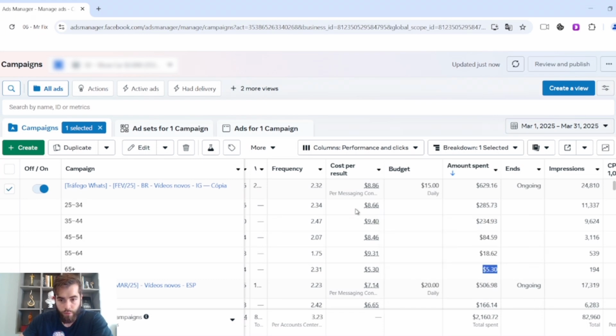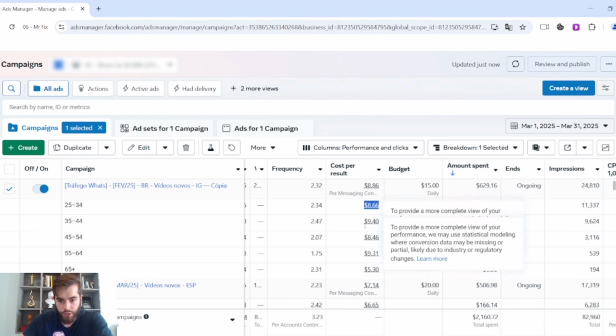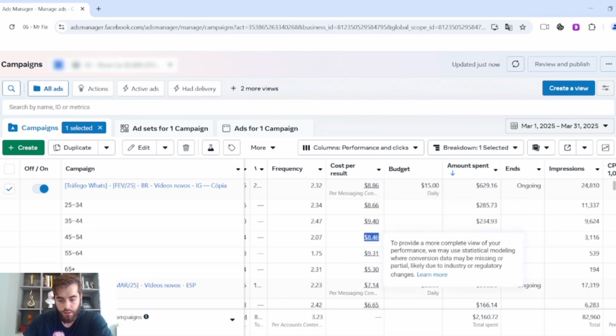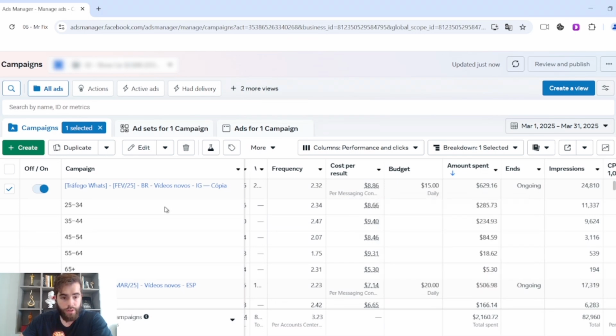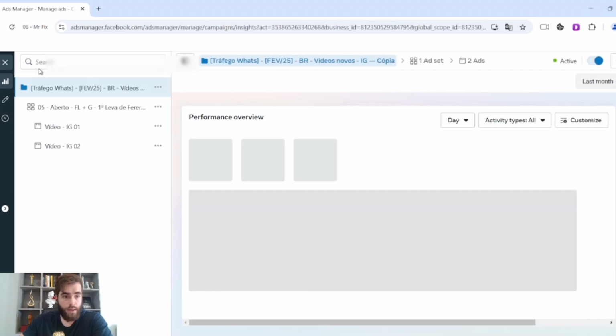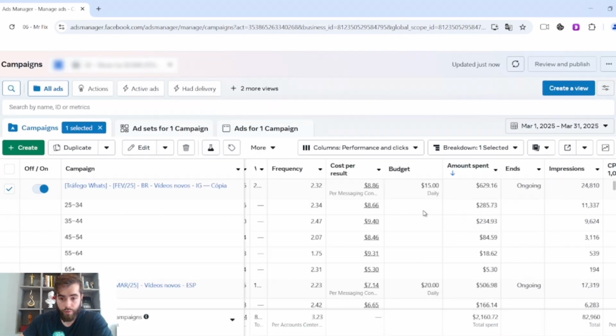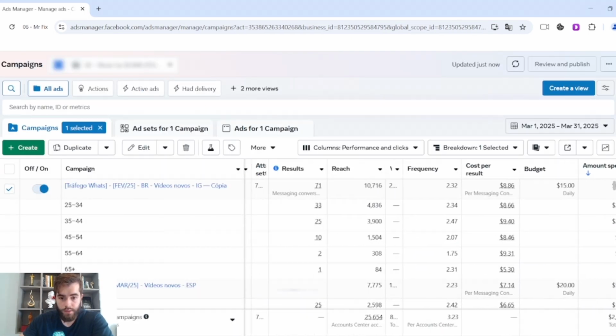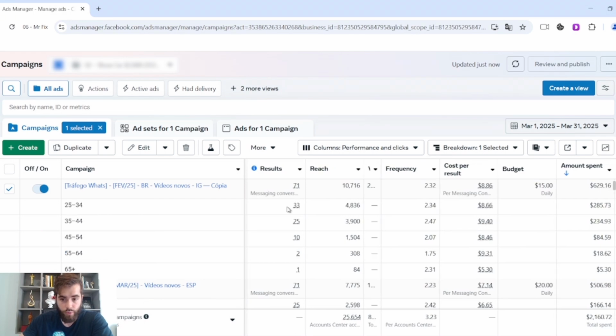This is way more relevant because we're spending more budget. And also this one right here is still interesting. So we have to pay more attention to the age of 25 to 34, not just because of the cost, but because of the amount that we spend. Because the customers already receive way more leads with this age than with this one.